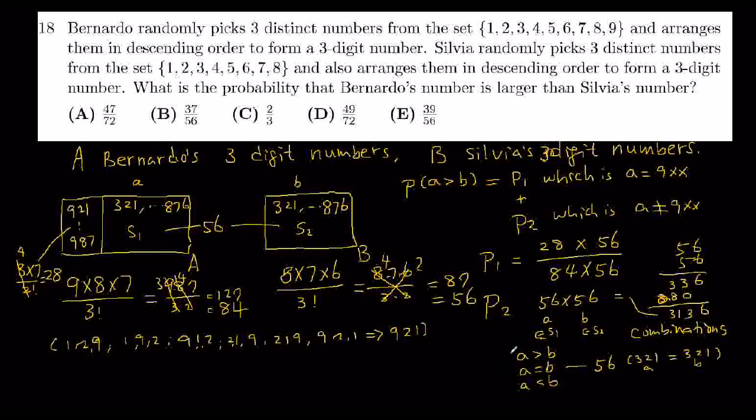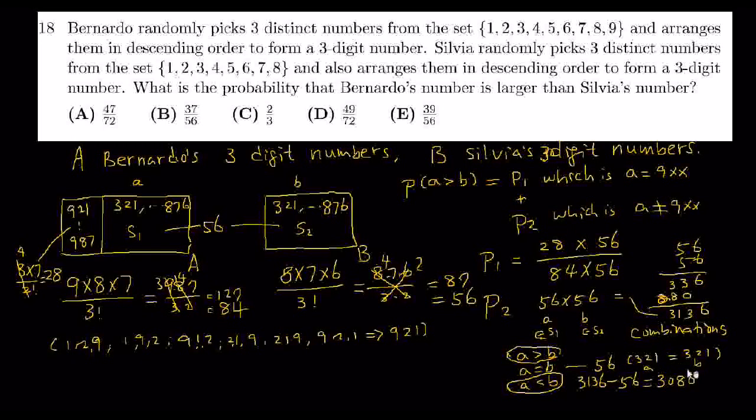Next, we also have to notice that the probability of A greater than B and A less than B should be equal. Why? Because the sets S1 and S2 are identical, right? So how many pairs do we have with A greater than B? Out of total 3136 minus 56, that gives us 3080.